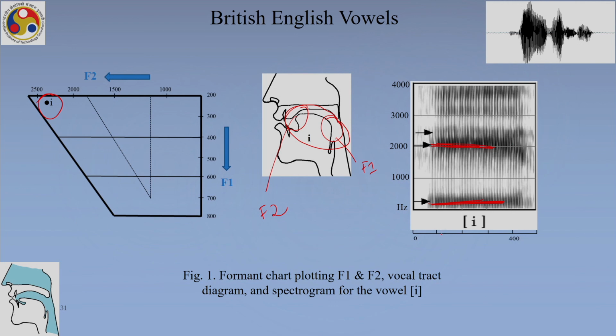F1 is roughly around 300 hertz, as plotted here, say 370 hertz, and F2 is around 2300, 2400 hertz. So, we get these two formant frequencies as a result of these two cavities.